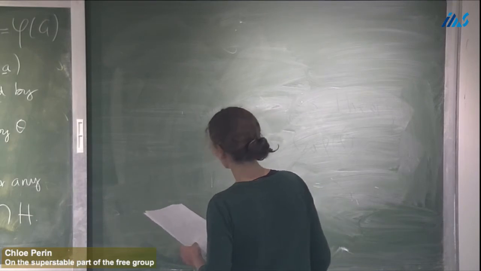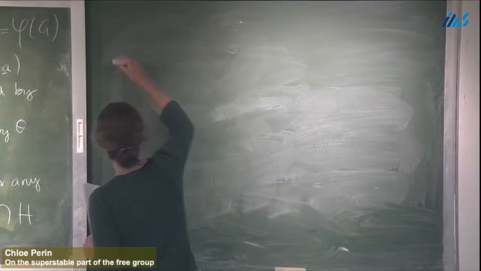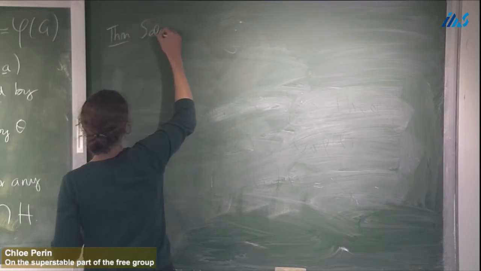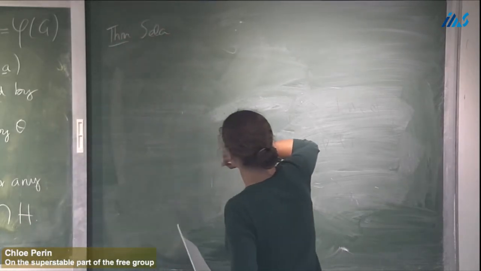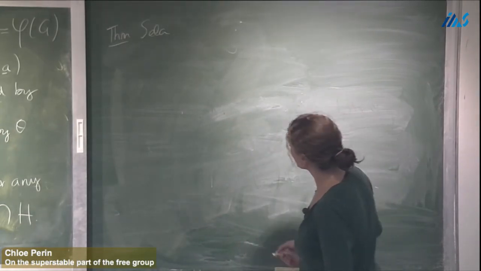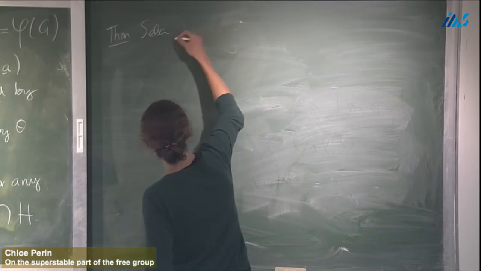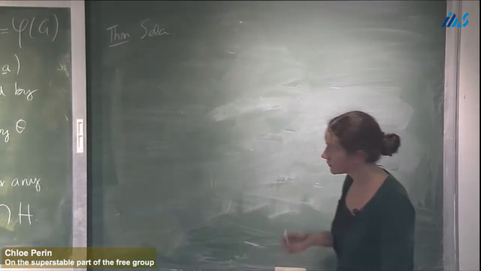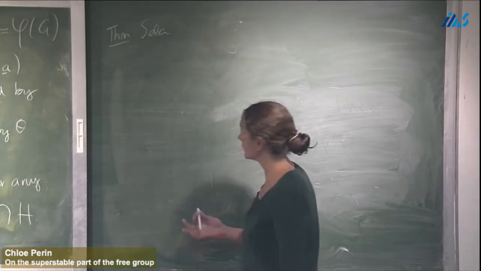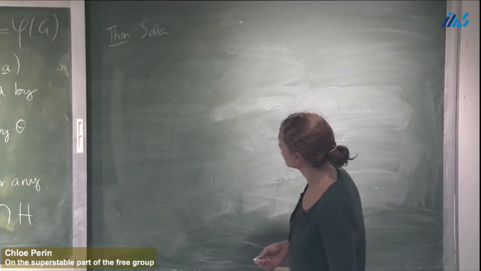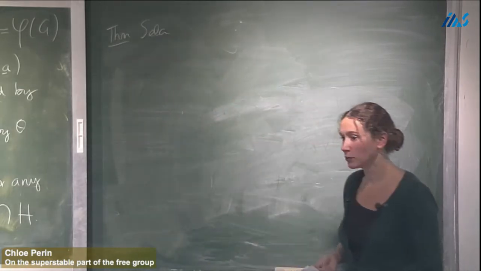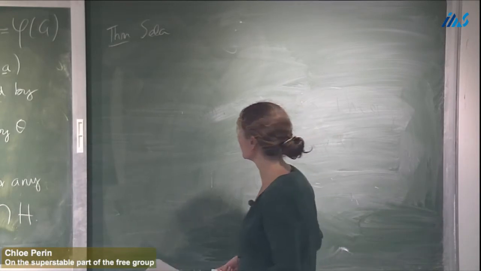Okay, so this is the natural notion of embedding. And here I should quote the first theorem of Sela, which solved the long-standing Tarski problem. The Tarski problem was to know whether free groups of different rank are elementarily equivalent. But in fact, Sela proved something stronger, which is that the canonical embedding of, say, the free group of rank 2 in the free group of rank 3 is elementary.